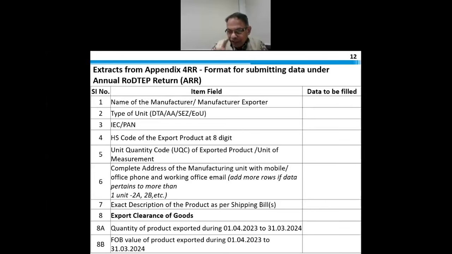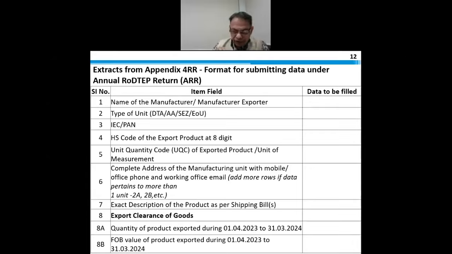Now in the audit system, they have said quantity of product exported during 1/4/2023 to 31st/3/2024. Please remember, follow the late export date, because that is registered with customs. FOB value of product exported during 1/4/2023 to 31st/3/2024.